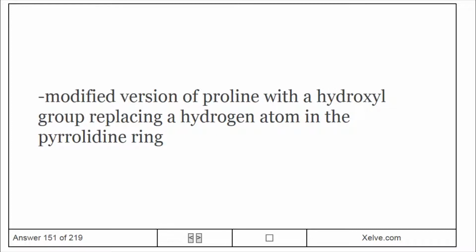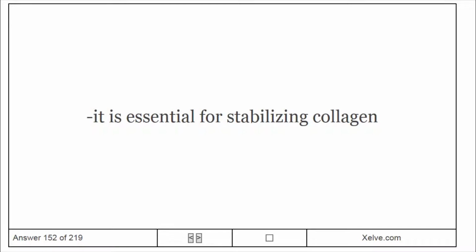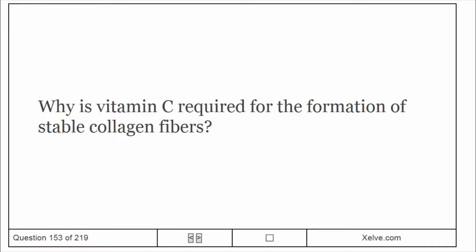What is hydroxyproline? Modified version of proline with a hydroxyl group replacing a hydrogen atom in the pyrrolidine ring. Why is hydroxyproline so crucial in the body? It is essential for stabilizing collagen.